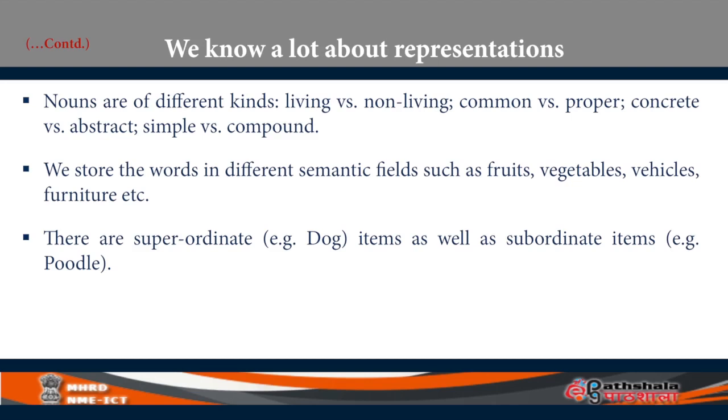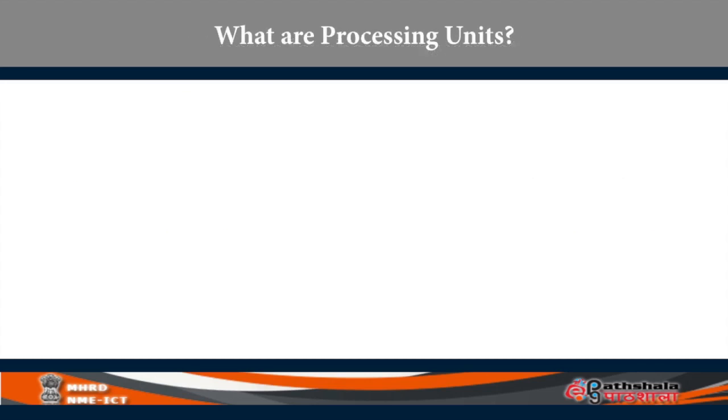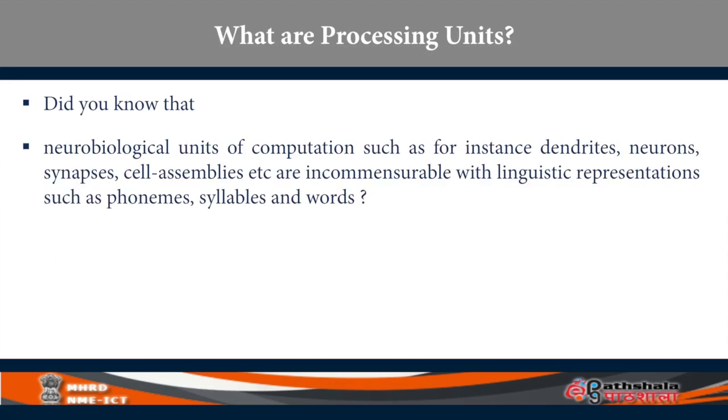So, this is all about information about representations. But are there any corresponding processing units? The neurobiological units which are involved in computation in the brain are dendrites, neurons, synapses, cell assemblies. But these units are incommensurable with phonemes, syllables, morphemes.